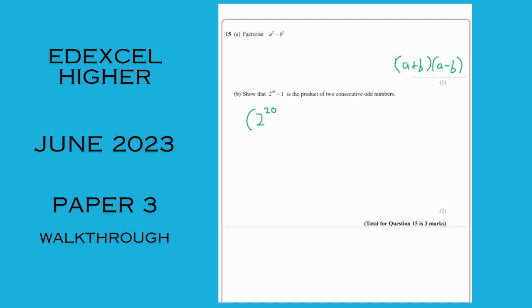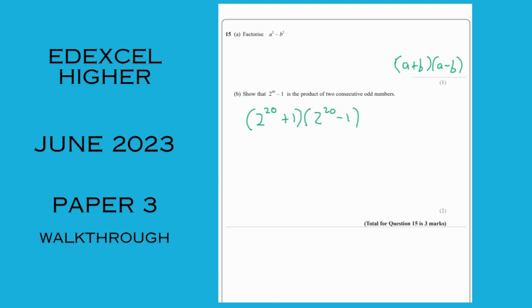Here's the key. 2 to the 20, because square root is power of a half. Half of 40 is 20. So difference of 2 squares for this is 2 to the 20 plus 1, 2 to the 20 minus 1.